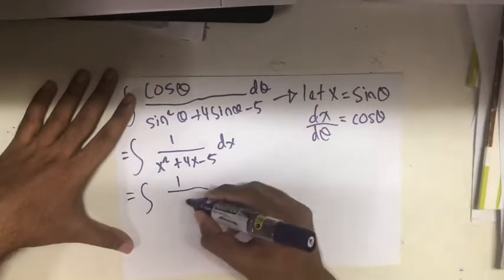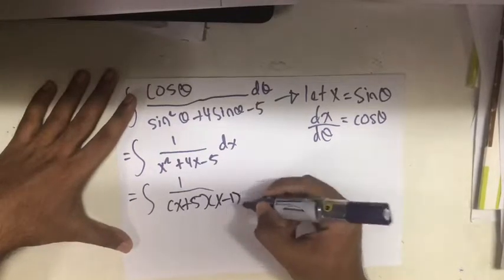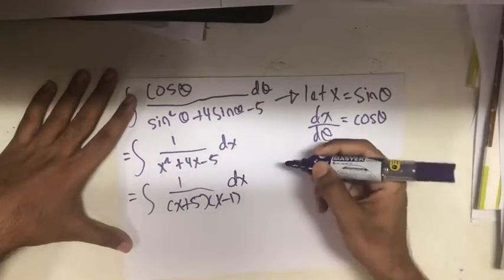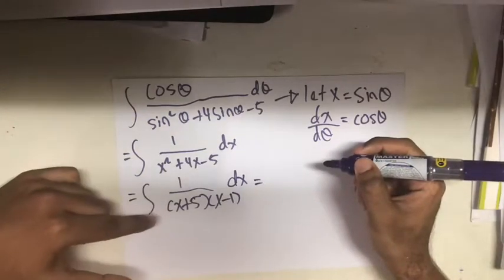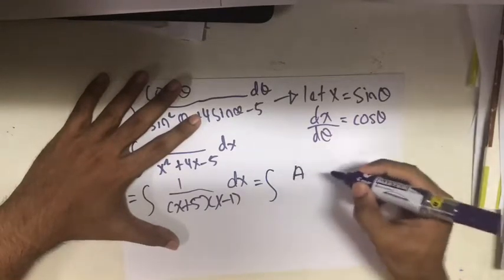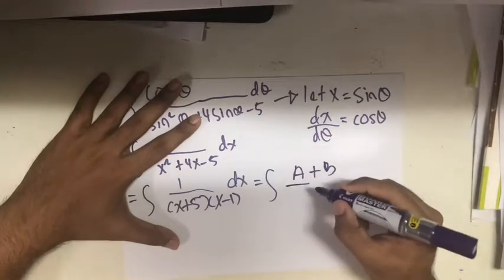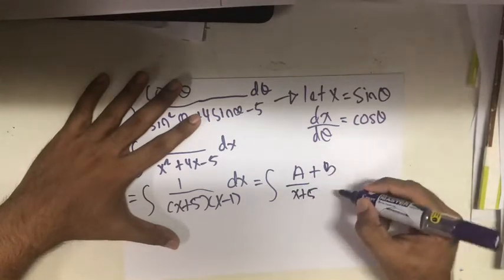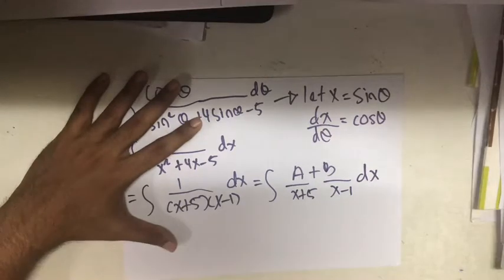So it's gonna change into x minus 1 dx. Okay, so here we can write this in another form, which will look like this.